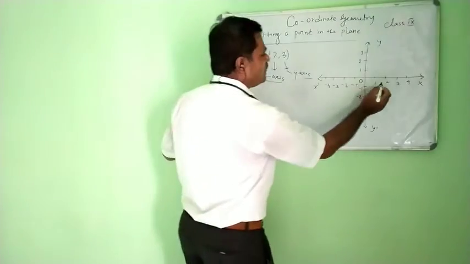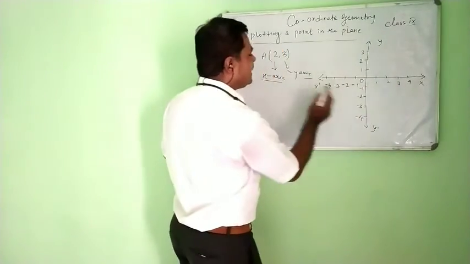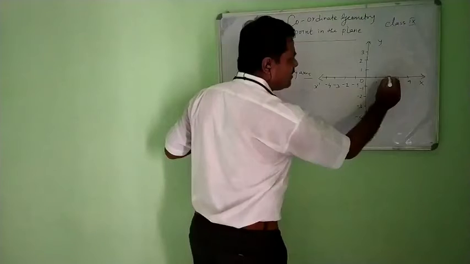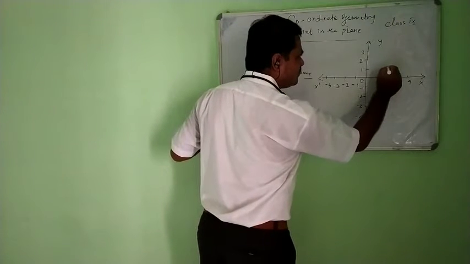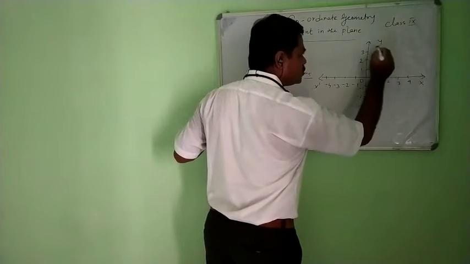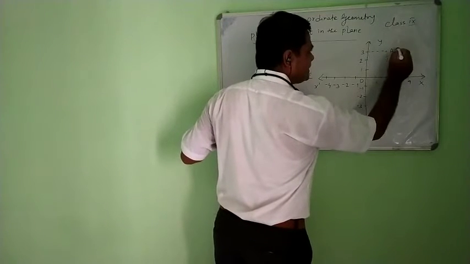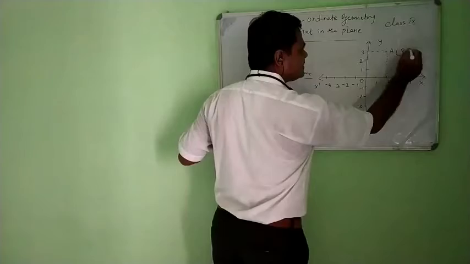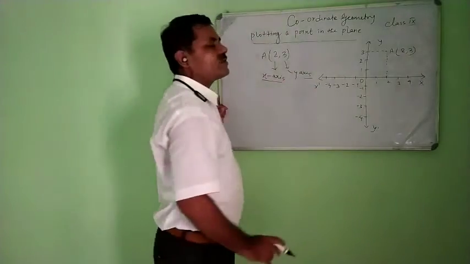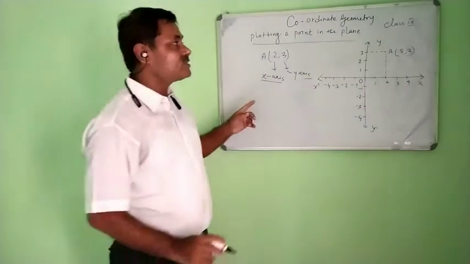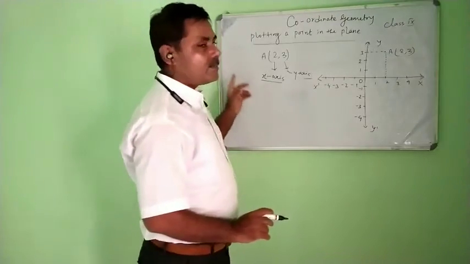The value of x is 2 and the value of y is 3. So we draw a line parallel to the y-axis, and then the lines intersect at A, which is (2, 3). By this method we can plot a point.